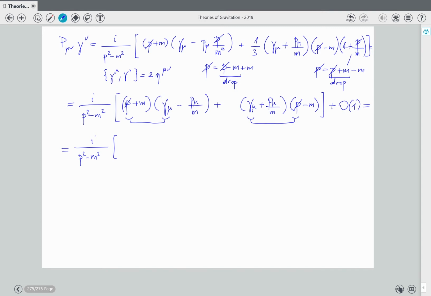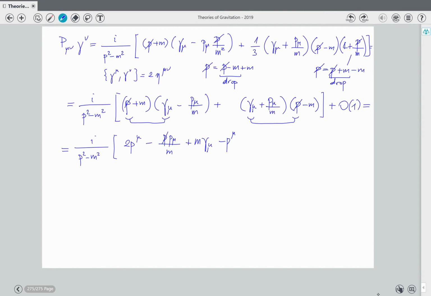So this is 2 p mu. Then there is p slash p mu divided by m. Then there is m gamma mu. And then there is minus p mu m times p mu divided by m. It's minus p mu.